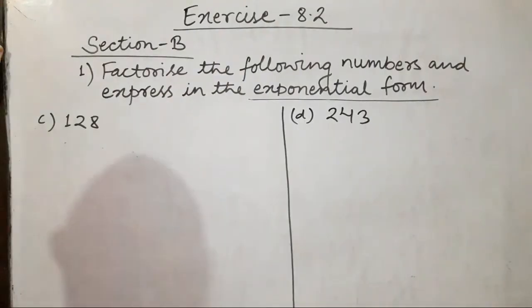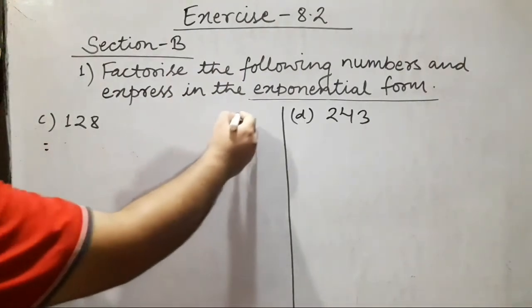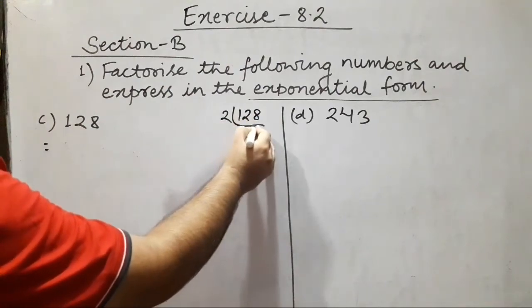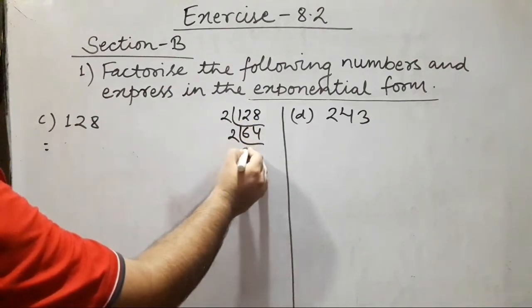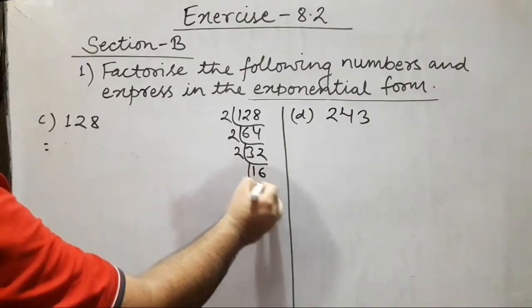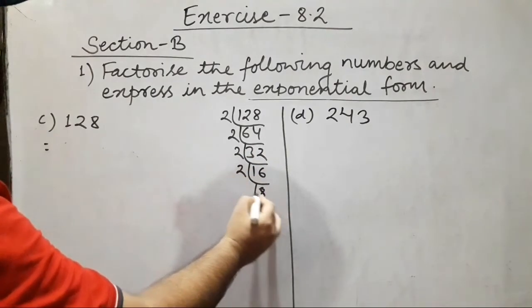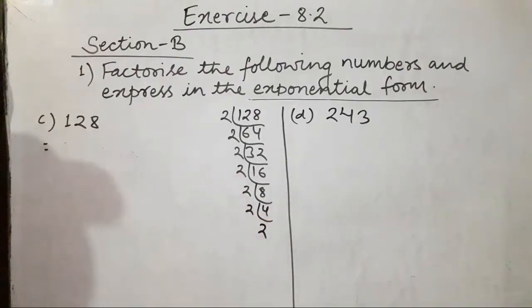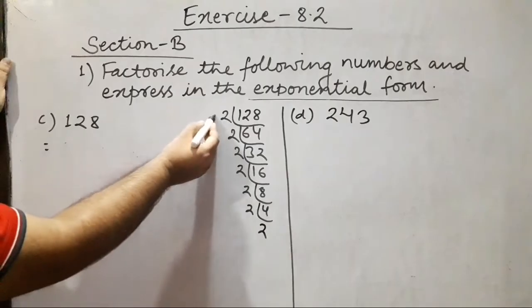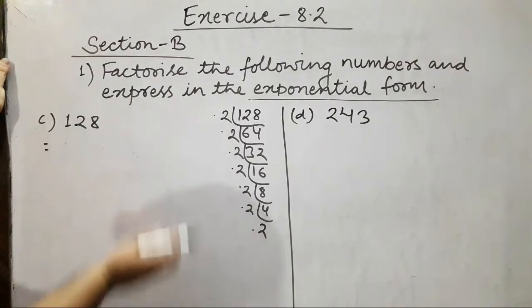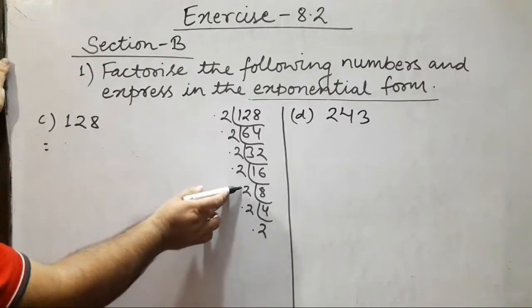Question number C. Factorize 128. 2 times 64 is 128, 2 times 32 is 64, 2 times 16 is 32, 2 times 8 is 16, 2 times 4 is 8, 2 times 2 is 4. So 128 can be written as 2 into 2 into 2 into 2 into 2 into 2 into 2. 1, 2, 3, 4, 5, 6, 7.